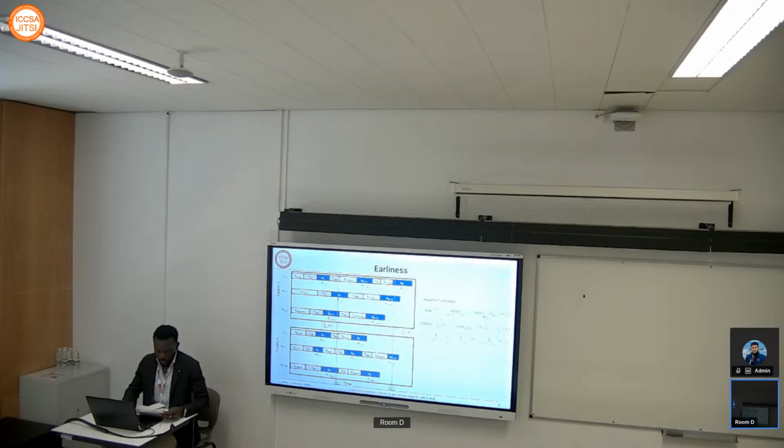The earliness for a given sequence is defined by L max, which is related to the difference between the due date and the completion time of the job. In this figure, we can see earliness represented by the yellow line. Job D2 is an example of earliness because it finished before the scheduled delivery date.